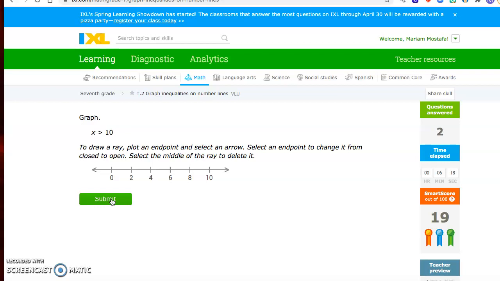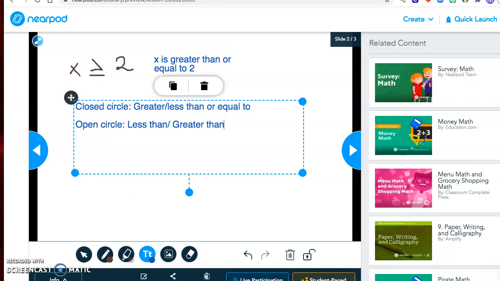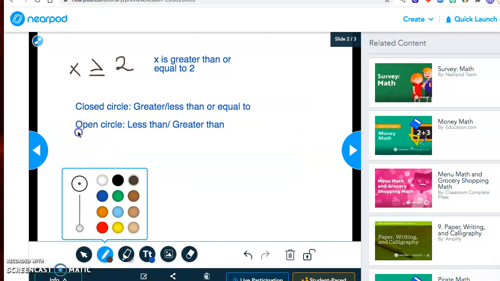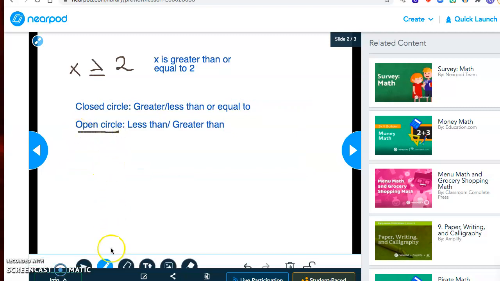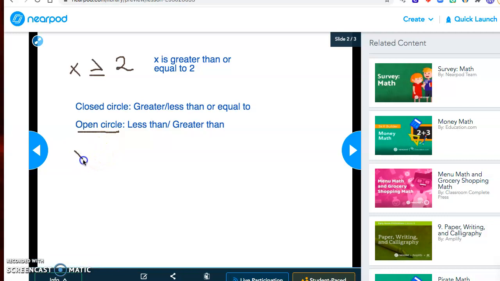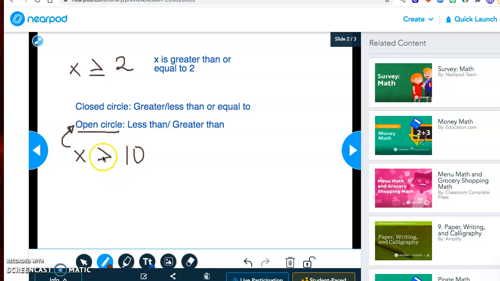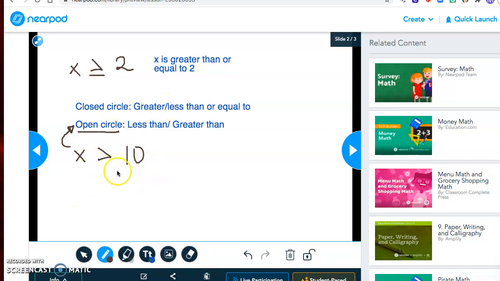Next we have x is greater than 10. Now it's a little bit different. This time it's going to be an open circle, because it's saying x is greater than 10, and we're not including 10.